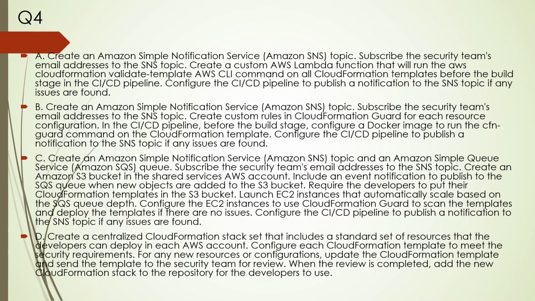Require the developers to put their CloudFormation templates in the S3 bucket. Launch EC2 instances that automatically scale based on the SQS queue depth. Configure the EC2 instances to use CloudFormation Guard to scan the template and deploy the template if there are no issues. Configure the CI/CD pipeline to publish a notification to the SNS topic if any issues are found.